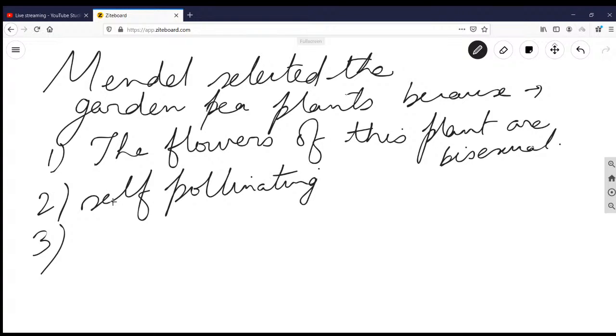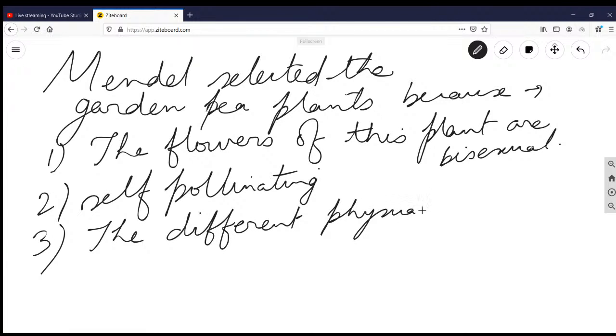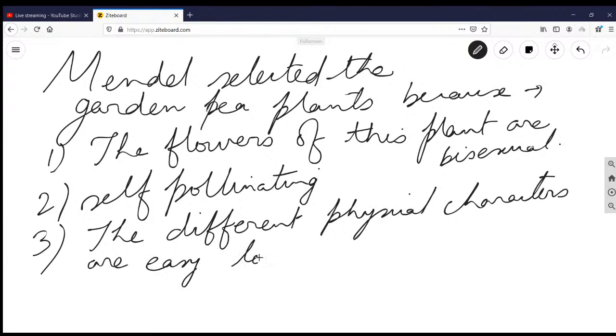The different physical characters are really easy to recognize or discern and study.